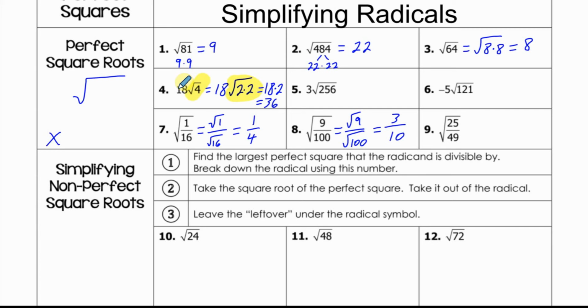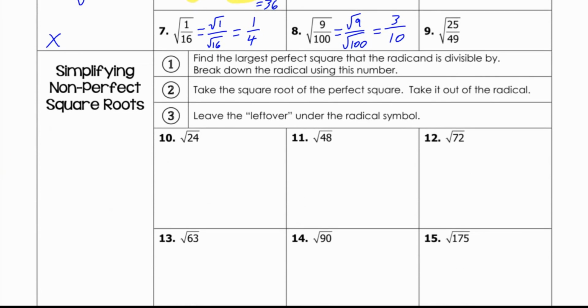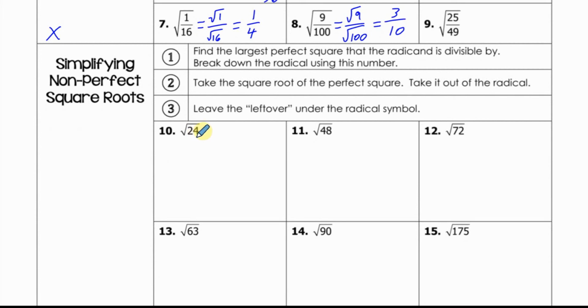Okay, so when they're perfect square roots, it doesn't take too much time. When they're not perfect square roots, like this, it's not a whole number answer. It's almost 5, right? Square root of 25 is 5. This is a little bit less than the square root of 25.